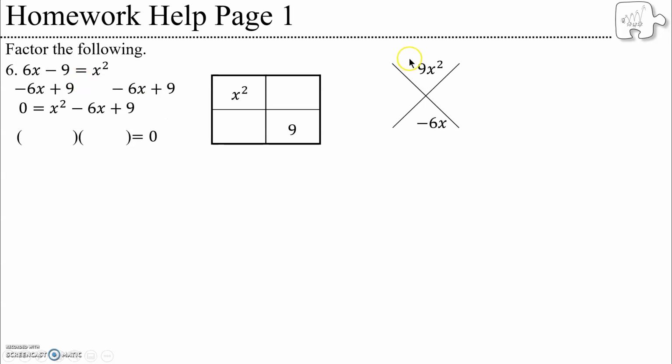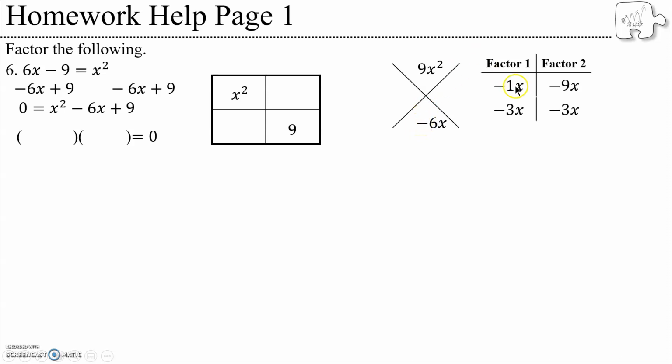Now we're looking for the factors of 9x squared that will add to negative 6x. They have to multiply to a positive and add to a negative, so the only possibility is for both of them to be negative, because if they're both positive, they'll never add to be a negative number.